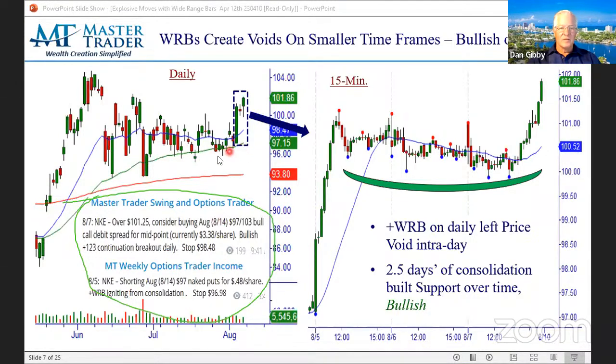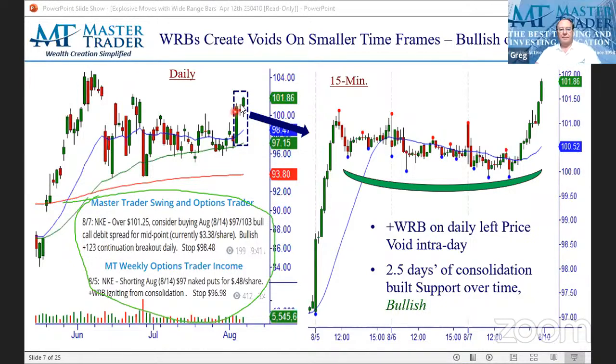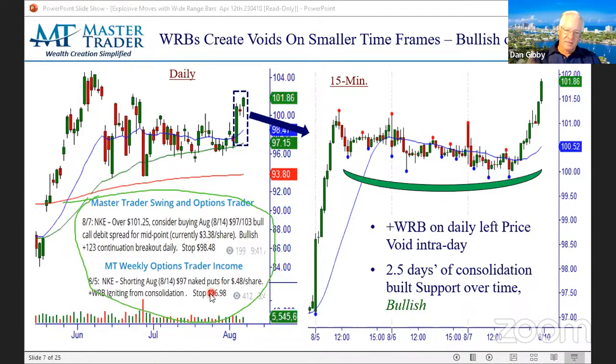And look at the 50 MA down here under the WRB, it's $97. Once this 1, 2, 3 triggers right here, the odds of this stock staying above this $97 in the next couple of days are staggeringly high.